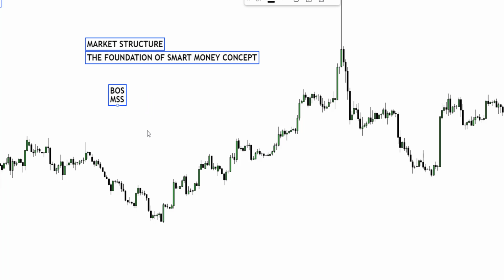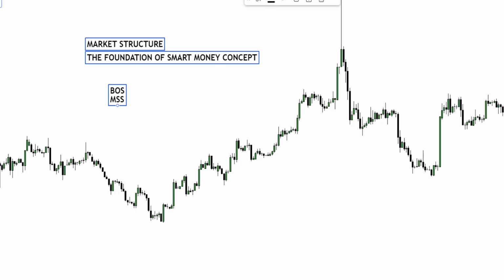What is break of structure? If you see a trend going upward, you only need a break of structure for price to keep going up and up. Secondly, you only need a market structure shift when price turns from an uptrend to a downtrend.